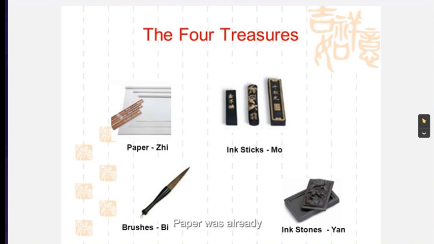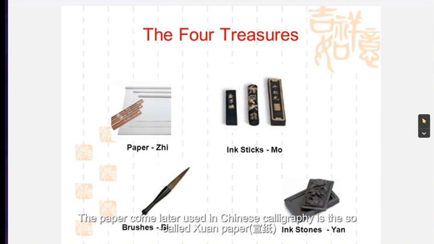Paper was already in use in China in the 3rd century BC. The major improvement made by Cai Lun of the Eastern Han Dynasty in about 100 AD was an important event in the history of paper making. The paper commonly used in Chinese calligraphy is the so-called xuan paper.